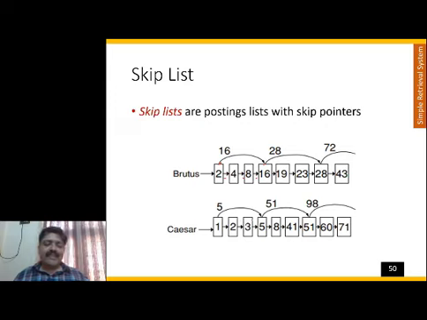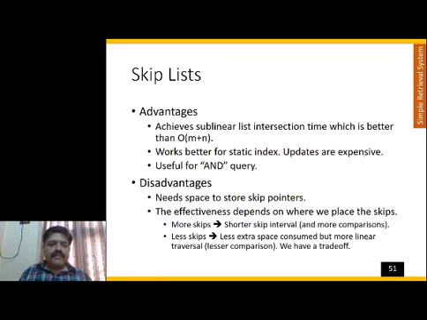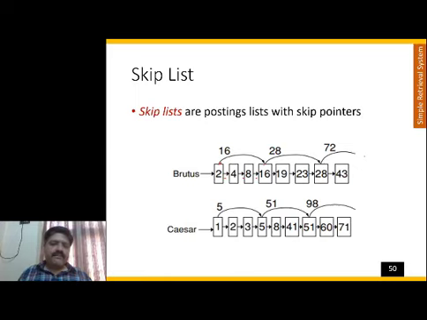Similarly, the Caesar skip list looks something like this. I can jump to 5, 51, and so on if I want to. And of course, the last element can either be null, or I can simply put a number which is larger than the largest document ID that I have, so that I can stop there. The advantage of having a skip list is that you can still use the two-pointer approach to merge them.